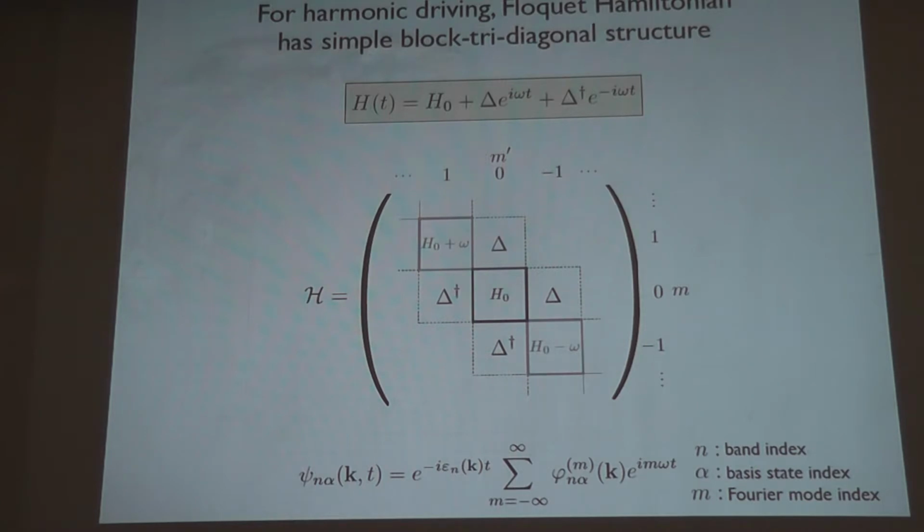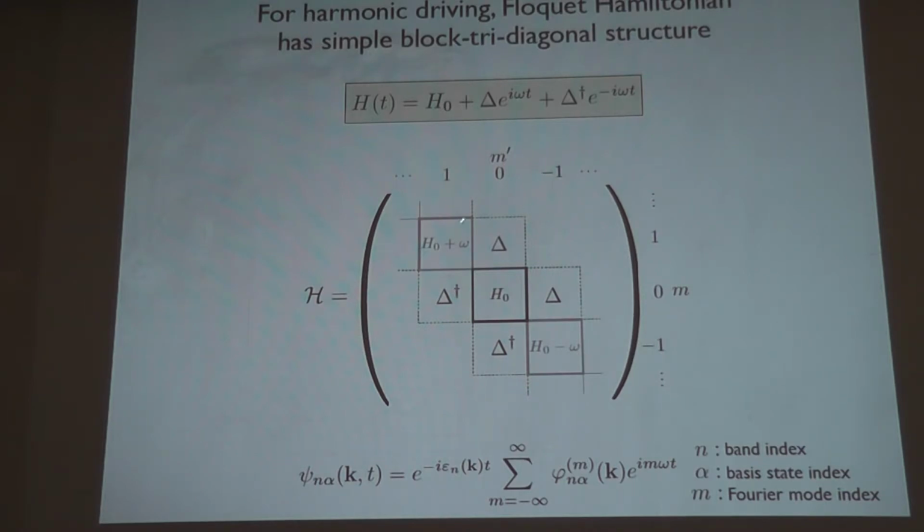So first of all, it's a giant matrix, but it has a block structure. And on the diagonal, I have blocks which are essentially the DC part, the zero frequency part of the Hamiltonian, just copied over and over again, shifted by integer multiples of omega. So you see it's H0, H0 plus omega, could be 2 omega, 3 omega as I go up. So these are the diagonal blocks.